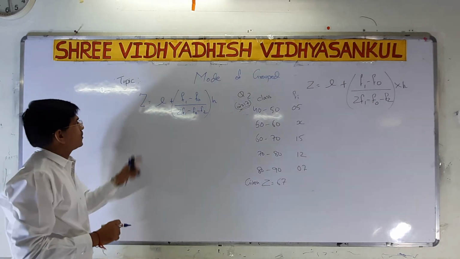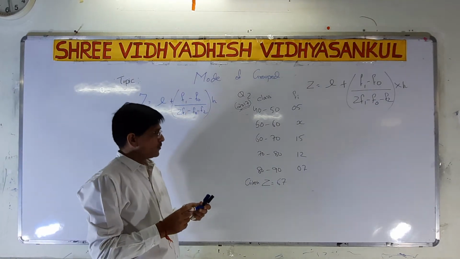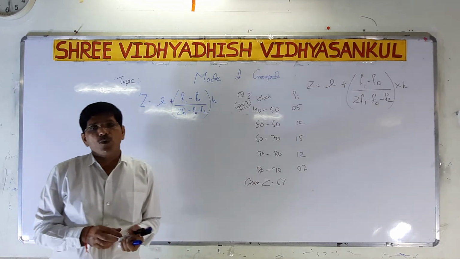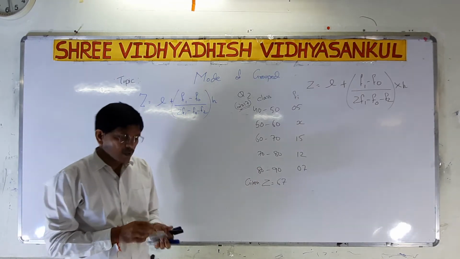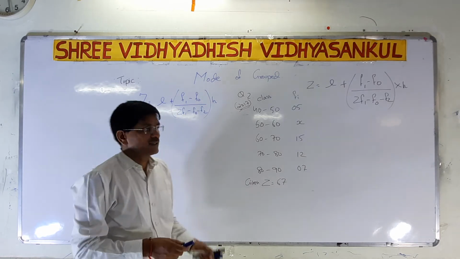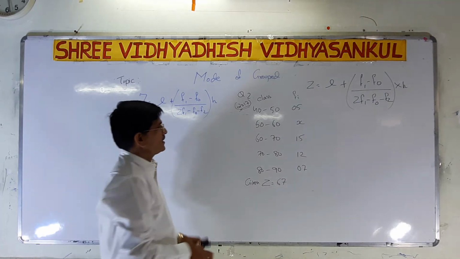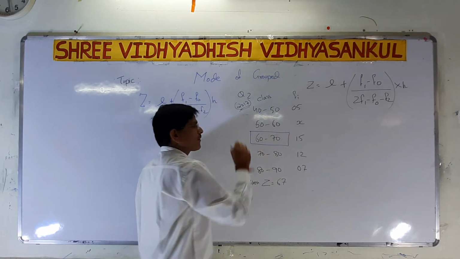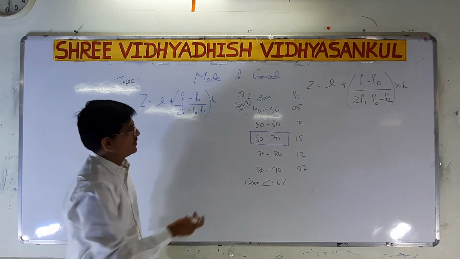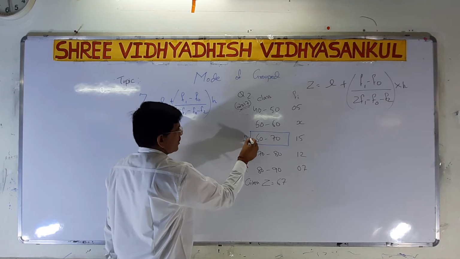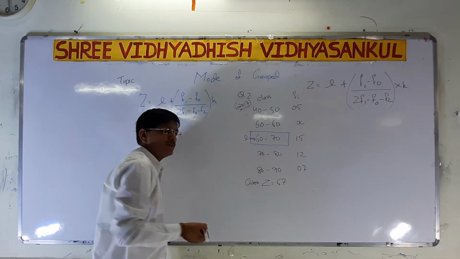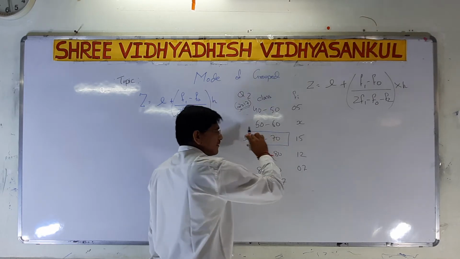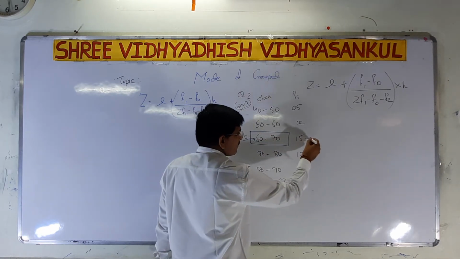Now, first of all, what do we have to do? Where is 67? To find the modal class, where is 67? If you see here, it is 67. So here 60 is our L. Wherever the modal class is, F1 is there.